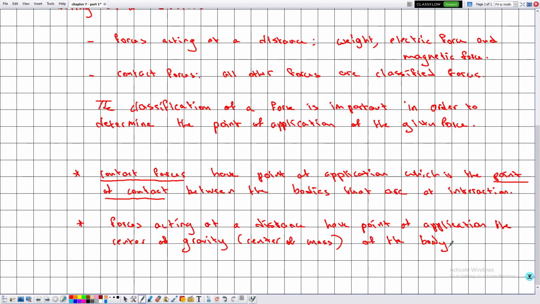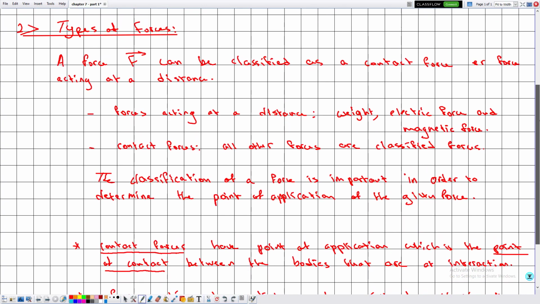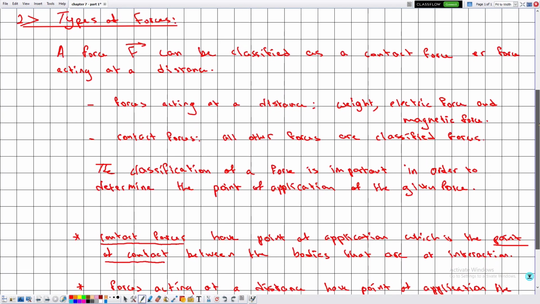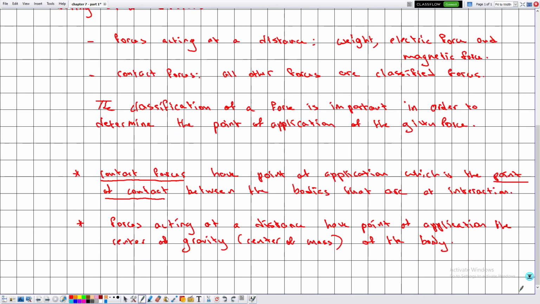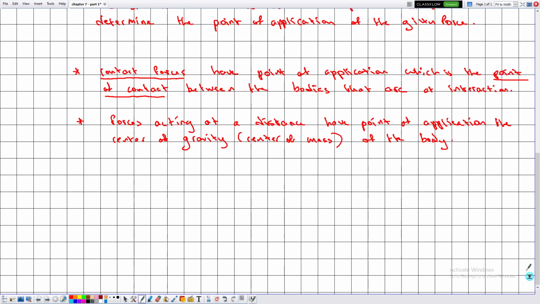So for this reason, previously in chapter 6, we discussed the barycenter formula, which allows us to determine the center of mass. The center of mass or the center of gravity plays an important role in identifying the point of application for forces acting at a distance, and this is very important, not for this chapter, but for the coming chapter, in which we will discuss the moment of the force. In this case, the point of application of the force plays an important role.